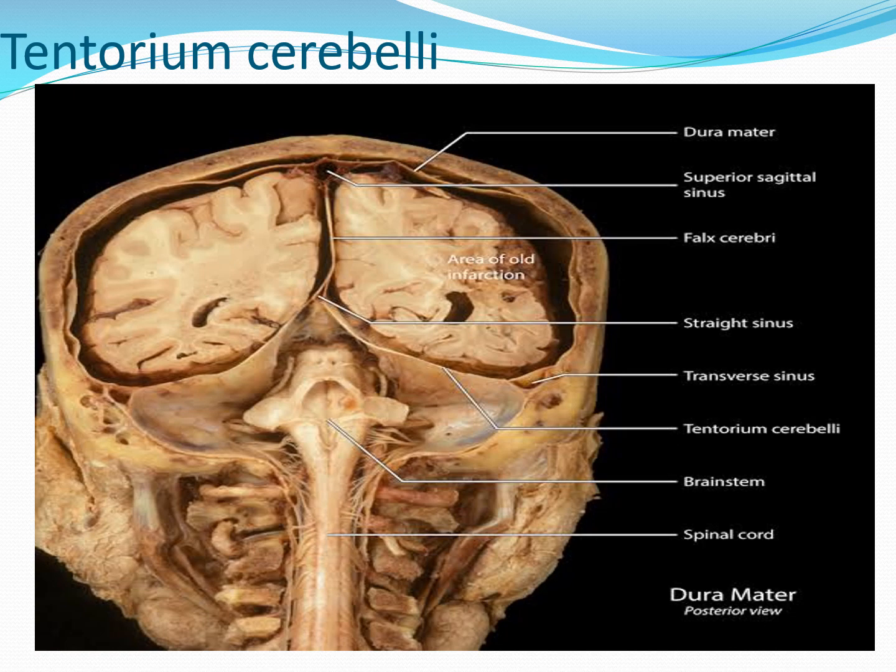Next we will see the tentorium cerebelli. As you can see here, this is the falx cerebri and this is the tentorium cerebelli. It is called tentorium cerebelli because this fold looks like a tent.